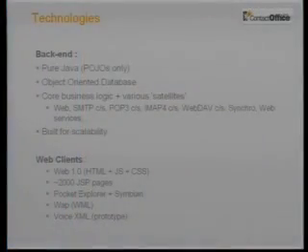Well, that said, what are the technologies we are using? In the backend, we are using a pure Java backend, and since the beginning, we've only worked with plain old Java objects. So we didn't use Enterprise JavaBeans.